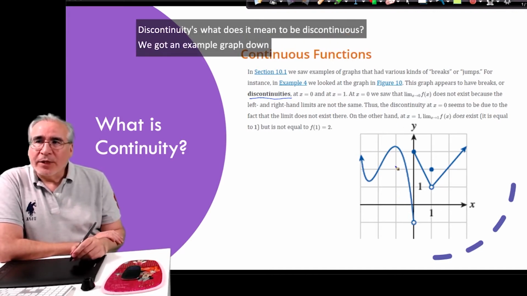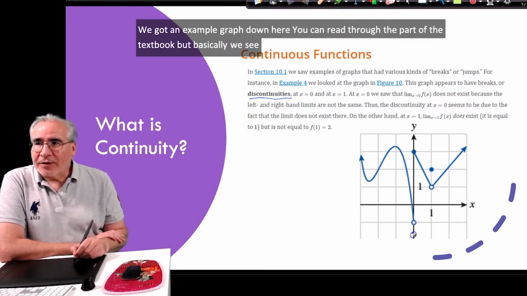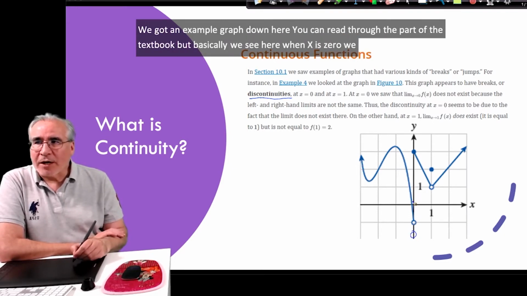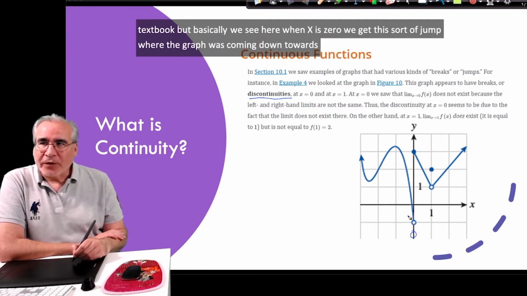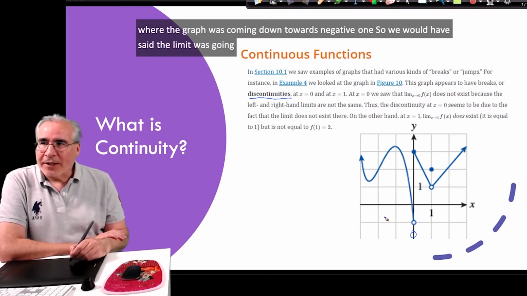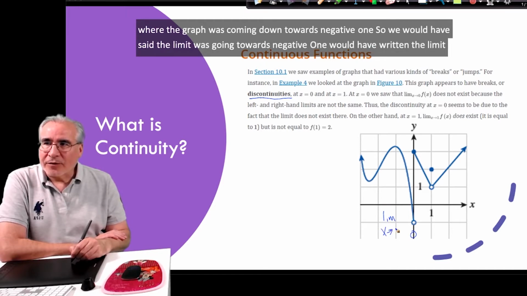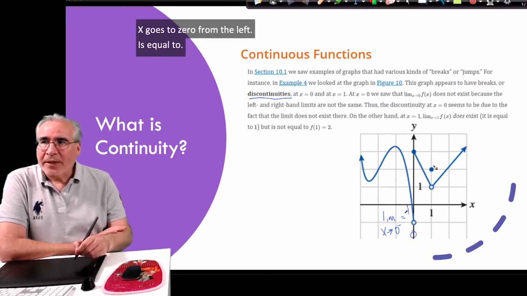You can read through the part of the textbook, but basically we see here when x is 0, we get this sort of jump where the graph was coming down towards -1. So we would have said the limit was going towards -1. We would have written the limit as x goes to 0 from the left is equal to -1.